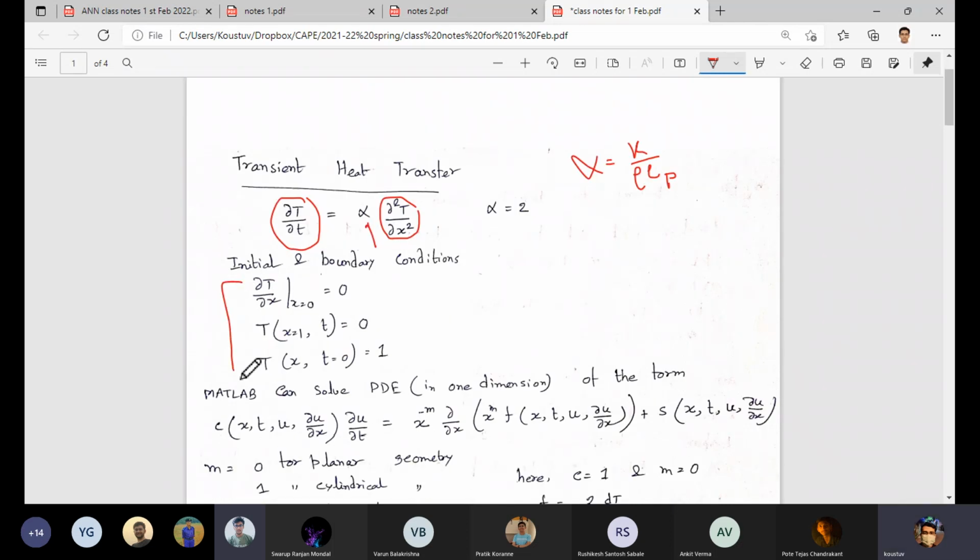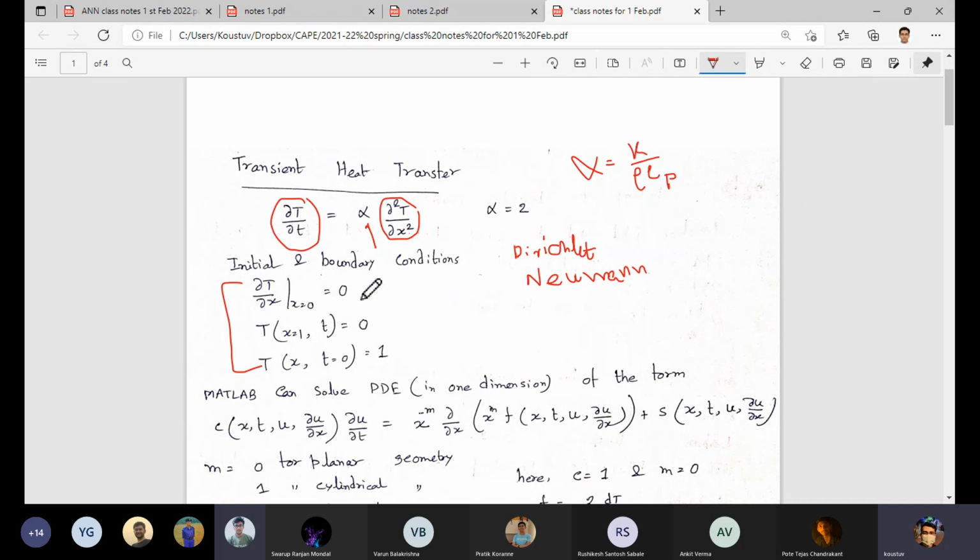Okay, so we are aware of those two types of boundary conditions which are commonly used in chemical engineering applications. One is Dirichlet boundary condition, and one is, I think, Neumann boundary condition. So here we are seeing both types of boundary conditions.